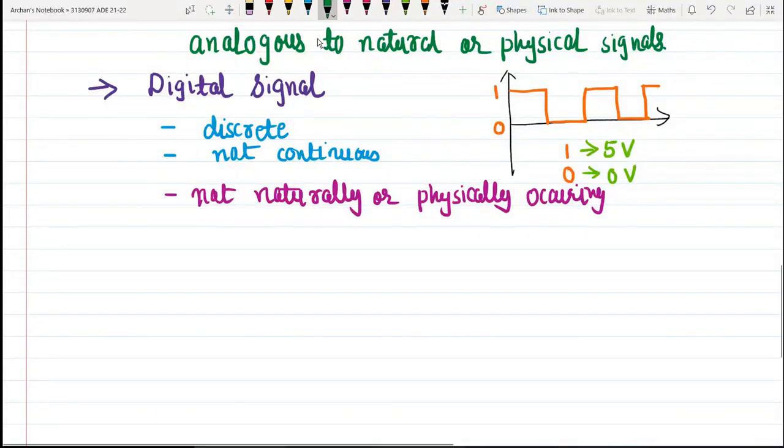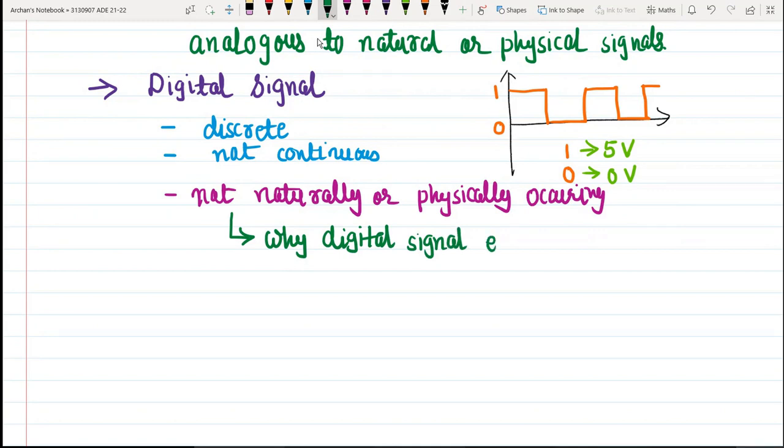So as I have told you, these are not naturally or physically occurring signals, then there must be a question in your mind: why does this digital signal exist then? We can understand it for analog signals, because analogs are physically available everywhere, naturally available everywhere.